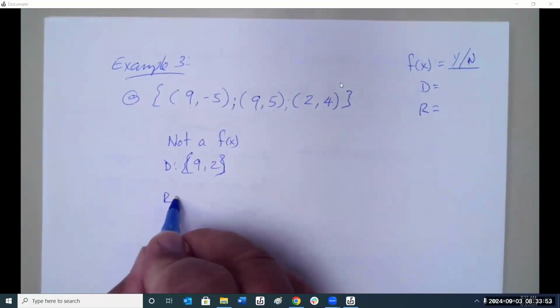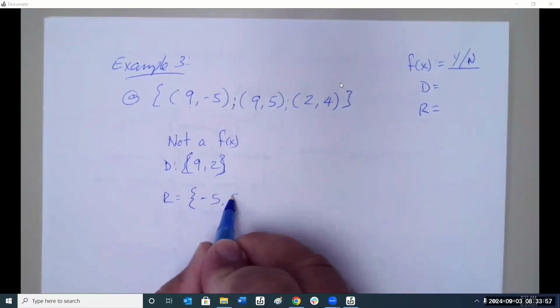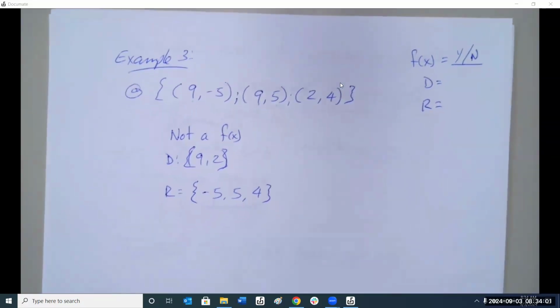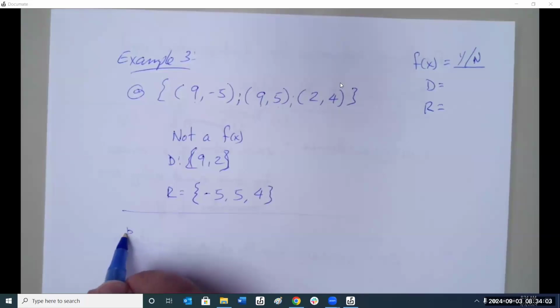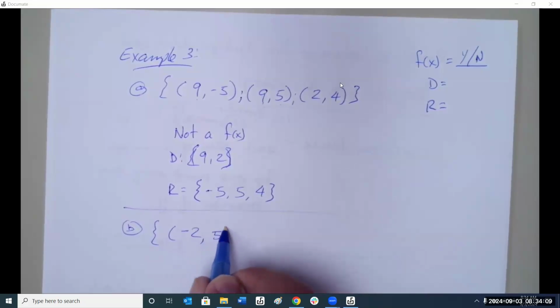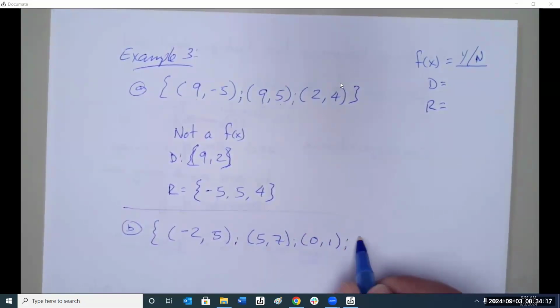What's the range? Very good. -2, 5, 5, 7, 0, 1, 4, -2.